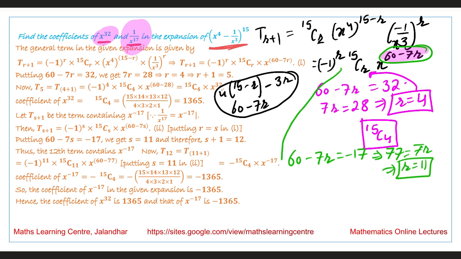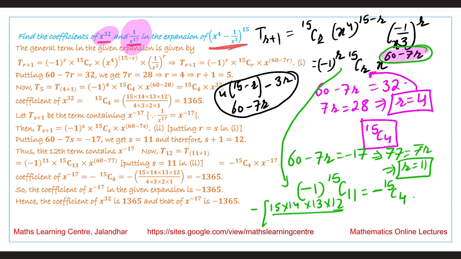It means the coefficient we obtain in this case is minus 1, 15C11, that is equal to minus of 15C4, and the value of 15C4 we have is 15 into 14 into 13 into 12 divided by 4 into 3 into 2 into 1, and the answer we will get is 1365, so the value of this term will be minus 1365.